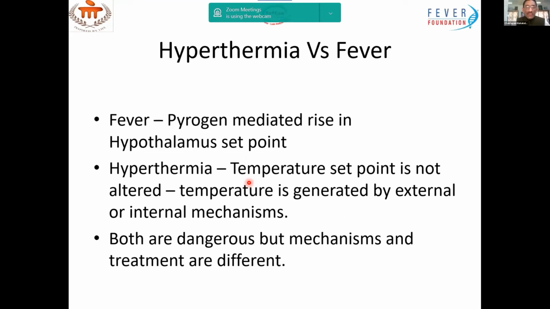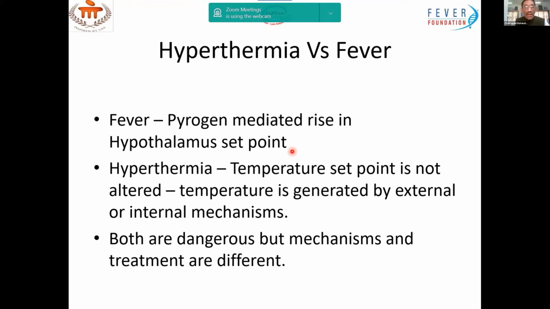Hyperthermia versus fever is always a confusing term. Fever is a pyrogen-mediated rise in the hypothalamic set point, because of which the body temperature goes up subsequently. Here, the pyrogen is mainly from infections, which sets the hypothalamic set point. And once the hypothalamus has set the point, all the changes happening in the body try to increase the temperature to reach that set point.